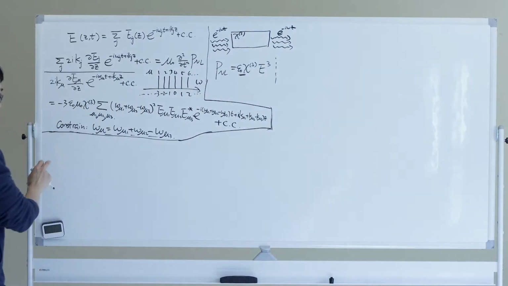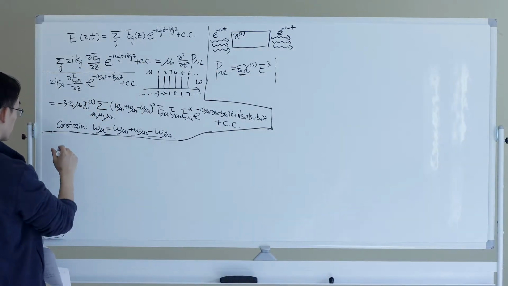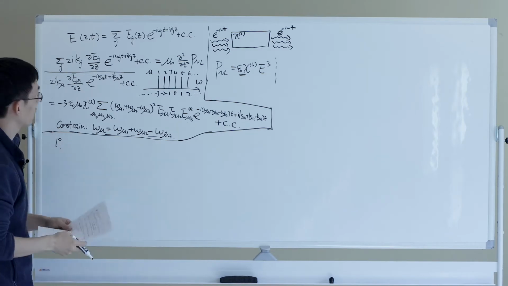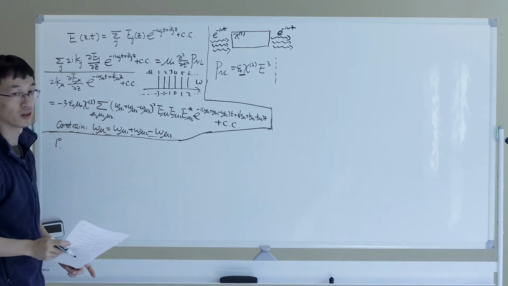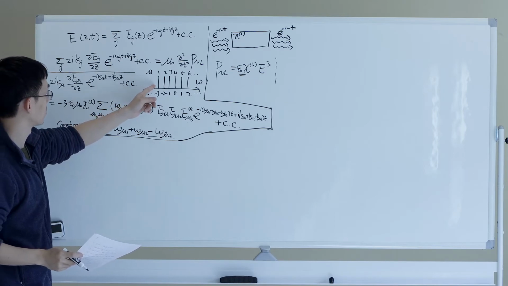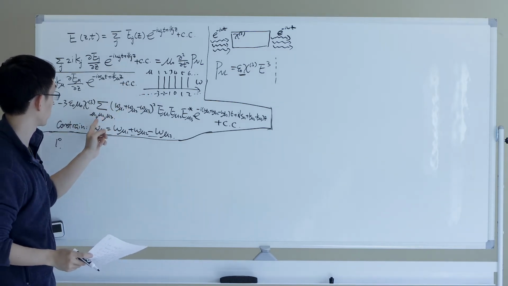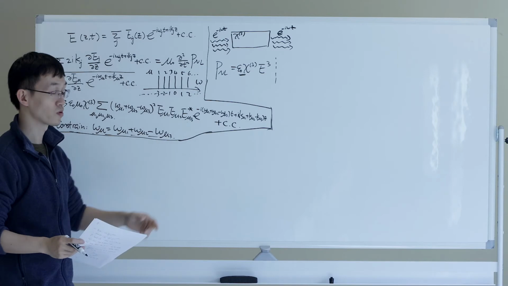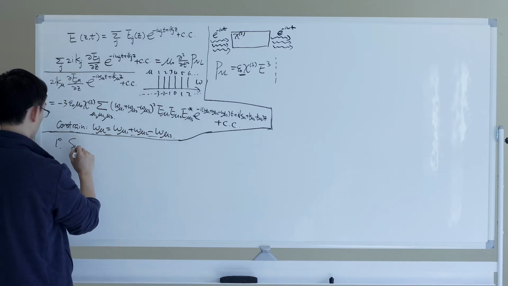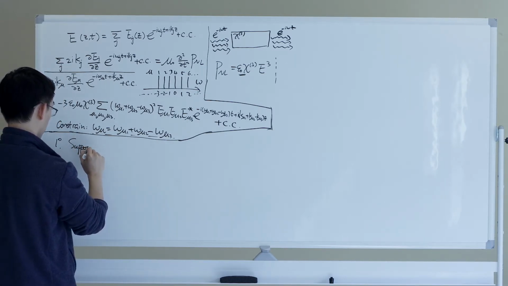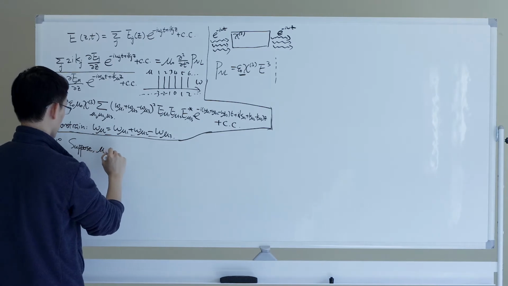This one is a relatively simple case. Suppose, here we say mu. Mu is a label, and it sums, it goes through all the possible frequency components. Suppose mu could only be 1.